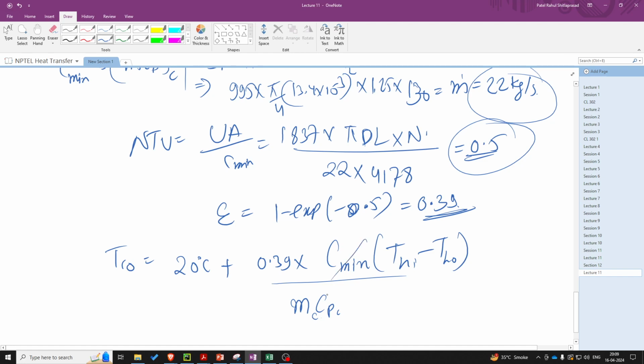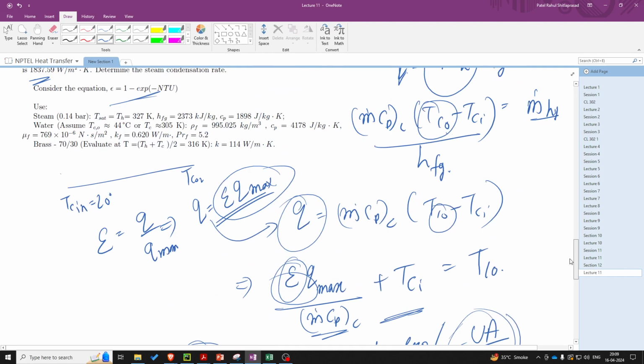So ultimately the C minimum will get cancelled out, and we will be having 20 degrees Celsius plus 0.39 into the temperature difference of the hot fluid inlet minus the cold fluid inlet.